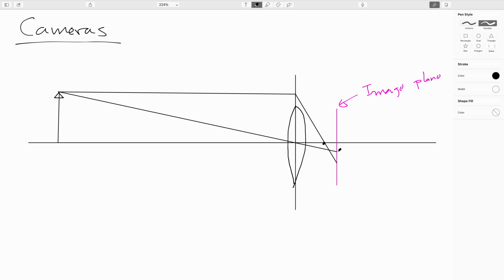And I'm not doing a very good job of making an image, am I? No. So I'm going to cheat and move my image plane to where we're going to make the image. There we go.